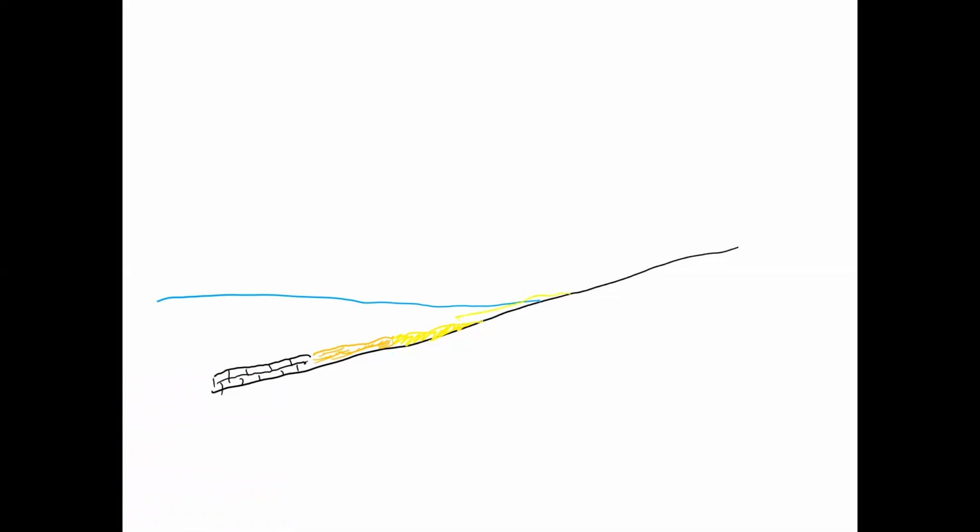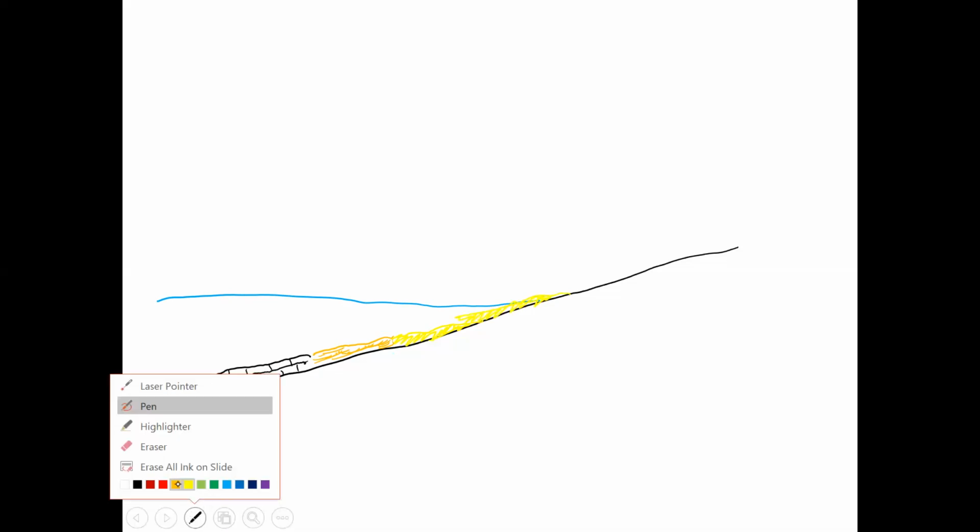You have sand being deposited, and beyond the sand you have mud being deposited, and then beyond the mud you have the calcareous ooze being deposited. And then sea levels rise even more. Now let's say the sea level is right here.